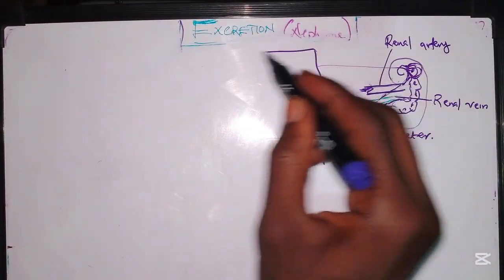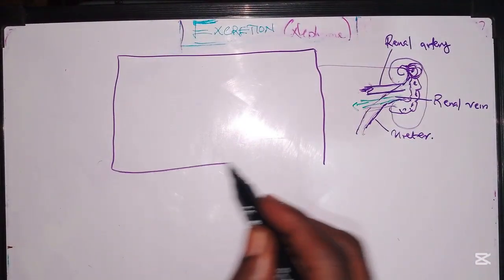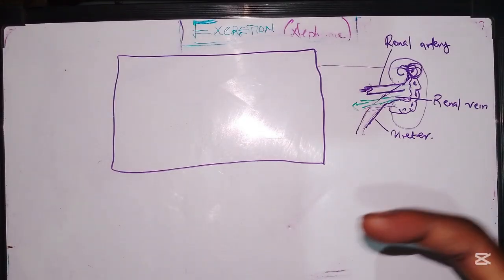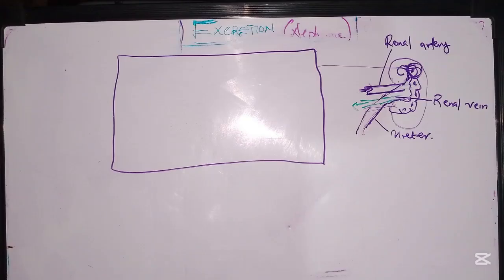The diagram I will draw here will be the structure of a nephron. Pay particular attention as we label it, because a lot of questions come on the structure of a nephron. Remember, we are talking about excretion here, how our body gets rid of metabolic waste.